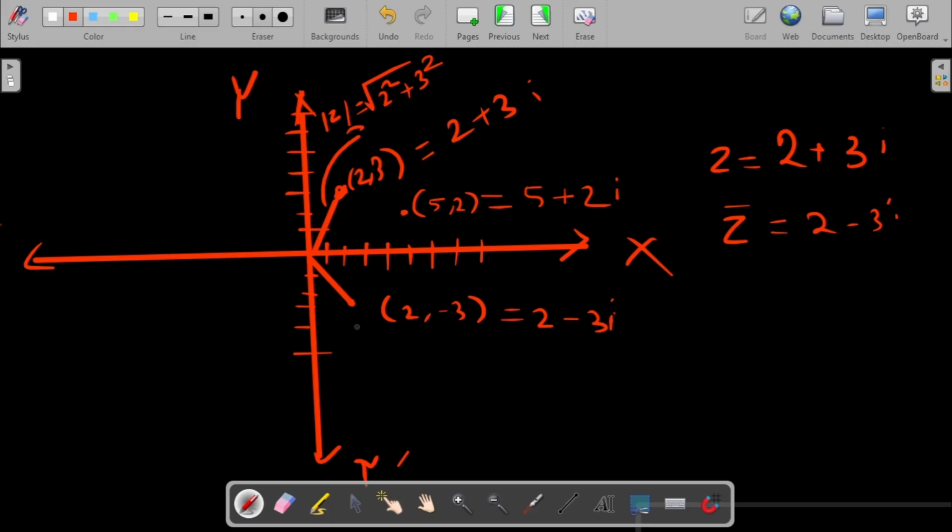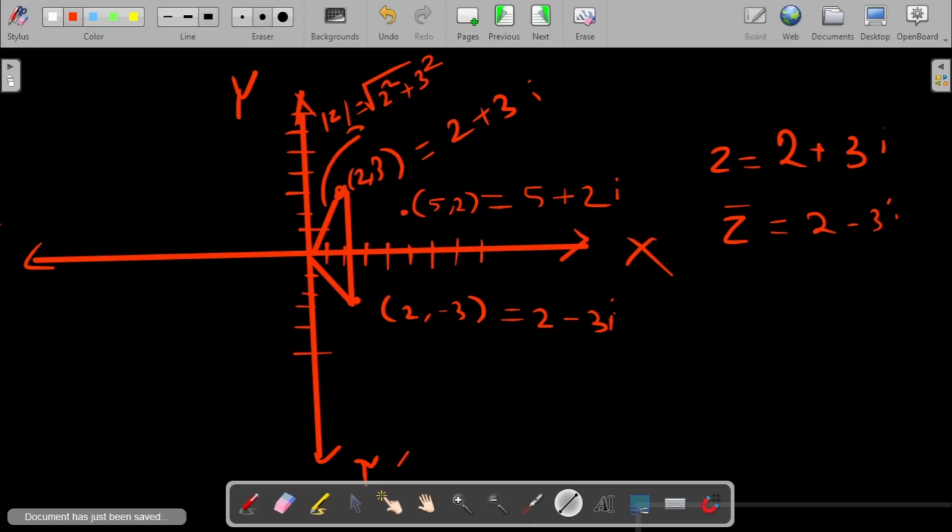So the argument of z is the mirror image about the x-axis. See, here is 2 plus 3i and its mirror image. If I connect these two, you see this is the mirror image of this point.